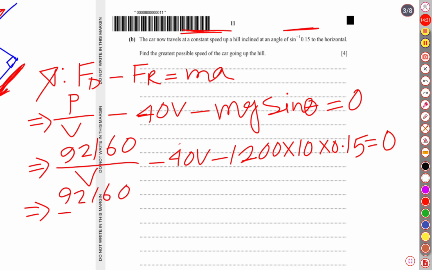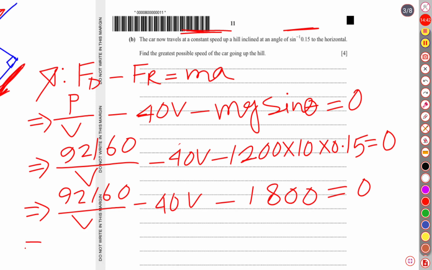Then it is going to be 92160 over V minus 40V minus, if you multiply, 0.15 into 1200, so it is 1800 actually, 1800, equal to 0.